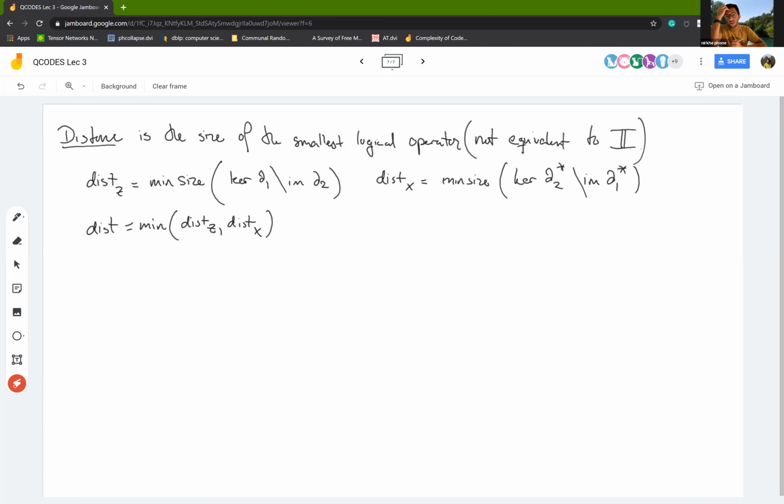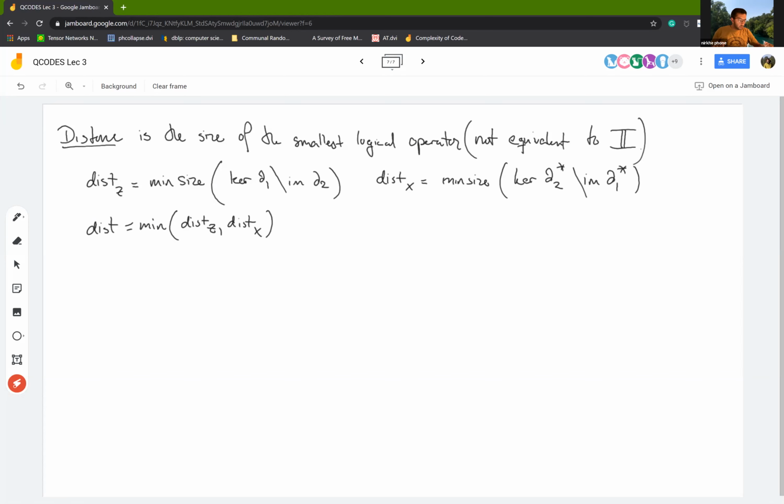We haven't talked about them, but they show not only when an error is correctable, but also recoverable: even if an error occurs, you can return back to the state. You could show that if I took a logical operator which satisfied this size, it would break the Knill-Laflamme condition. It would take you from one vector to another, and they would no longer be orthogonal. I'm a little confused, but maybe we can table that offline. So yeah, we can try to read the Preskill notes later. Okay. Great.